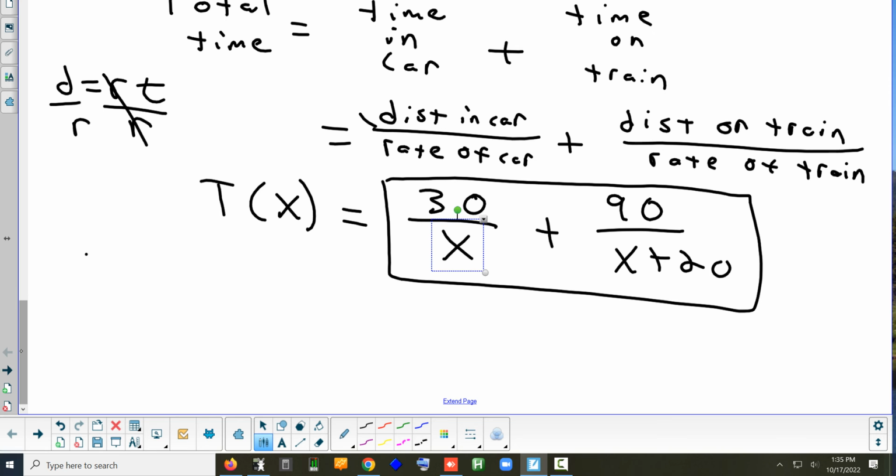Okay. Any question on how we got that? All right. So you can leave the answer that way. That's one way we can leave it. It's two separate fractions. But if we wanted to put those together as one fraction, what do you need to have if you want to combine them into one? Yeah, you need a common denominator.